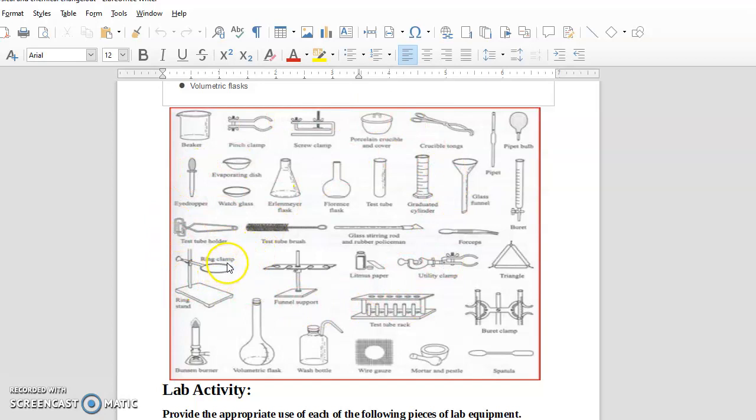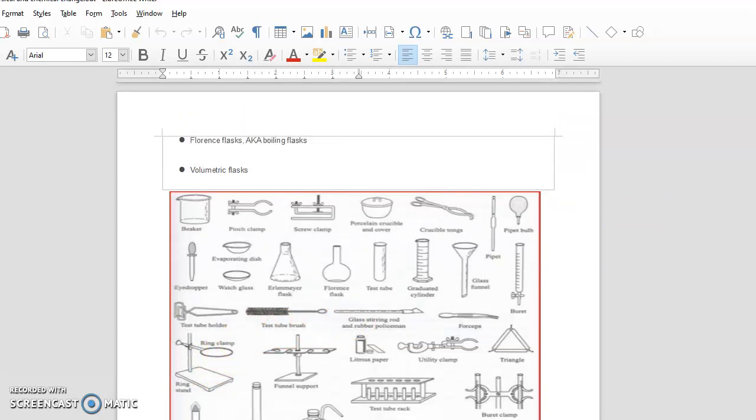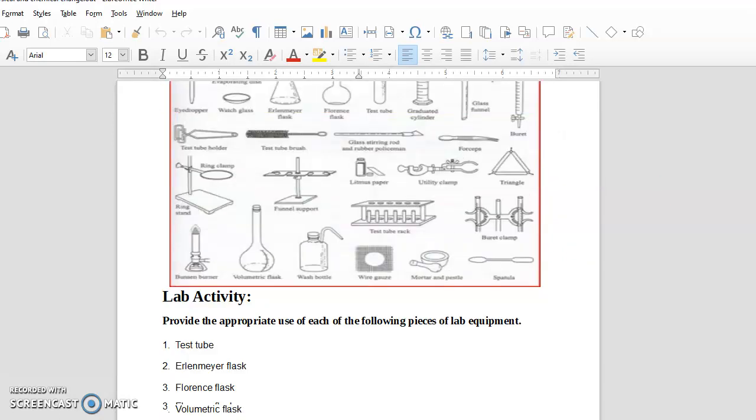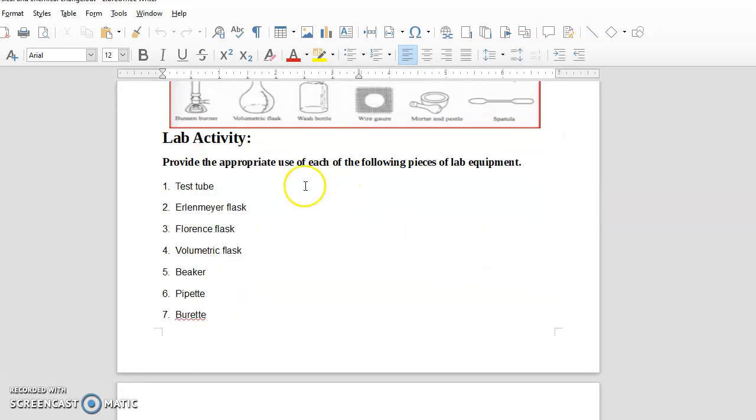You put this on here, cover it with a material, something that you can then put your heat underneath. Usually there's a type of wire gauze that you add to the top of this. If you've got funnels, you put them along in these things. But what I'd like you to do then is use this and provide an appropriate use for each one of these in a laboratory. Okay?